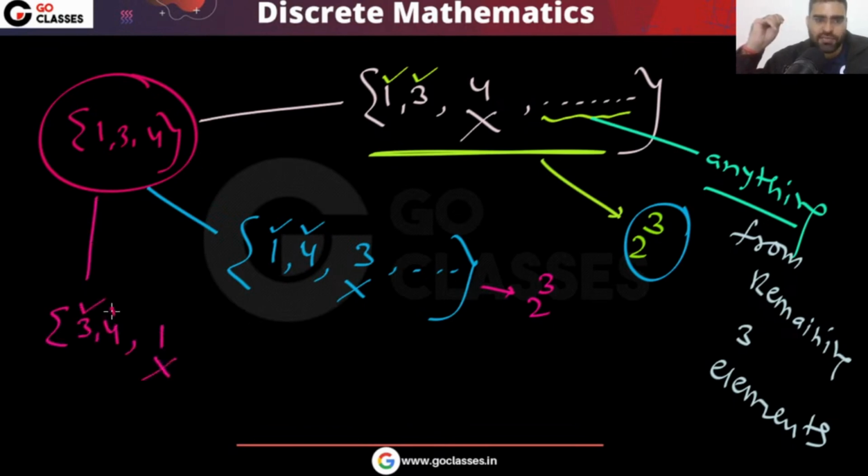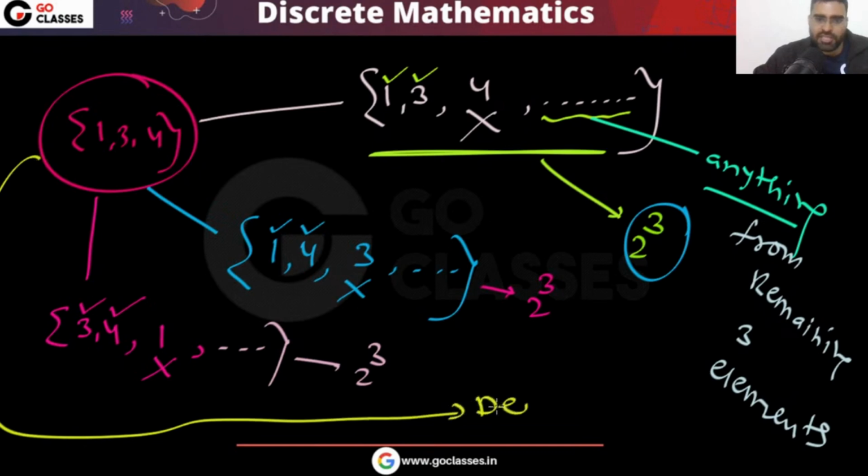Again, 2 power 3. Is this clear? So the degree of this vertex will be 2 power 3 plus 2 power 3 plus 2 power 3.